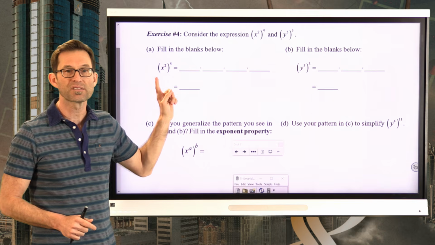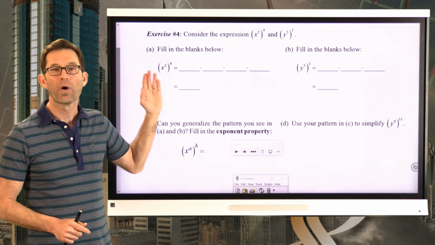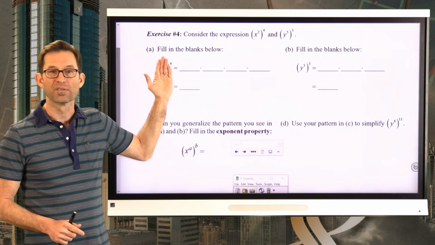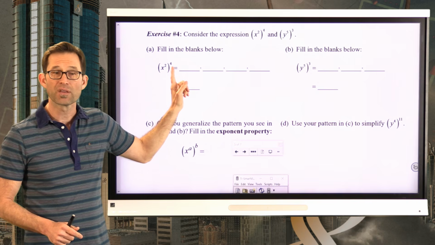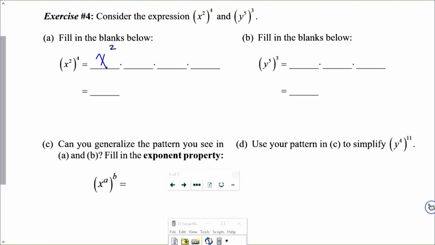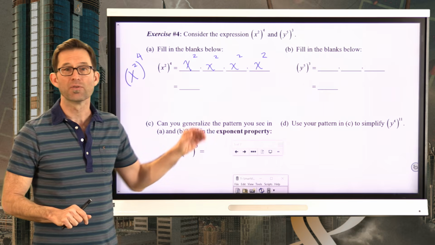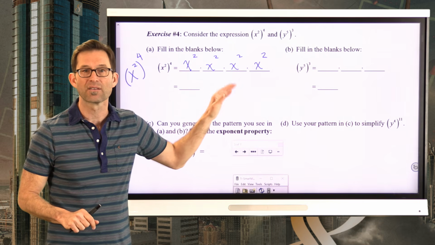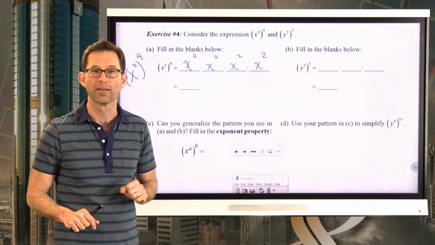Okay, here we've got x to the second to the fourth. Well, again, I don't really care what's in that parentheses. If I have something raised to the fourth power, that means that thing, no matter what that thing is, should multiply itself 4 times. So let me write this a bit bigger. I have x to the second to the fourth, so that should be x to the second times x to the second times x to the second times x to the second.